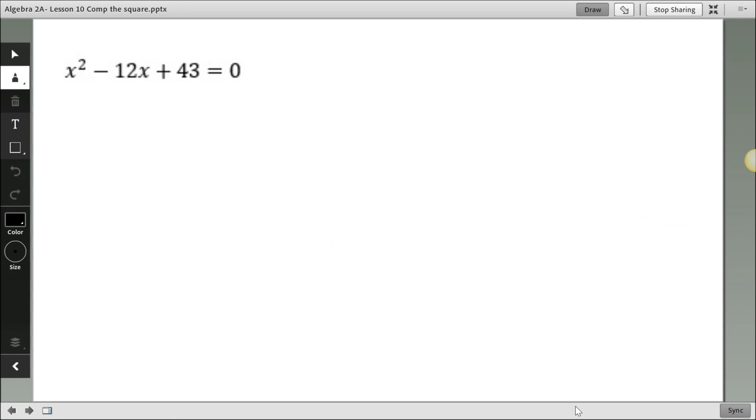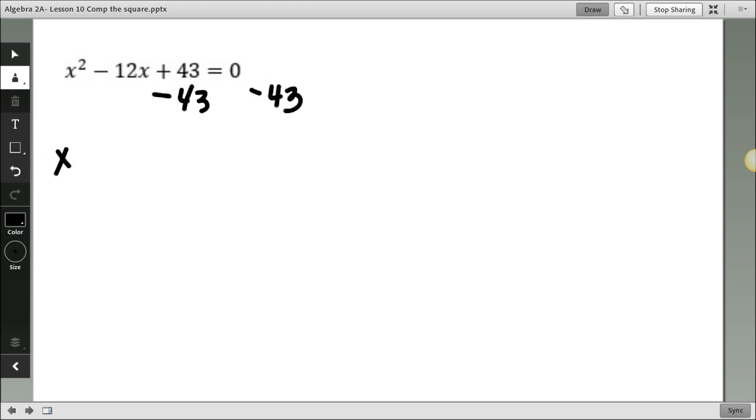All right, so let's take a look at another example. Got to go through all those steps again. So we're going to isolate ax squared plus bx. So we're going to subtract 43 from each side.